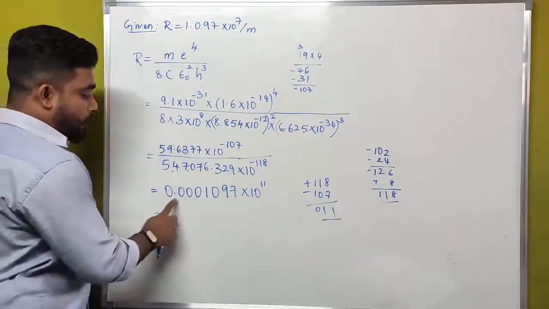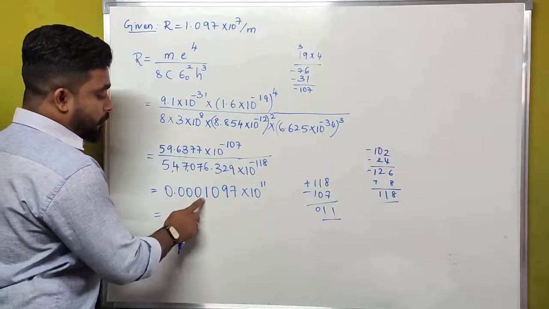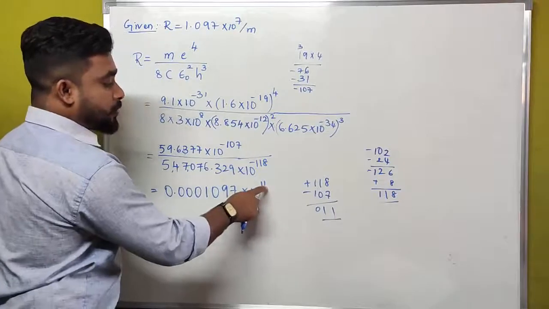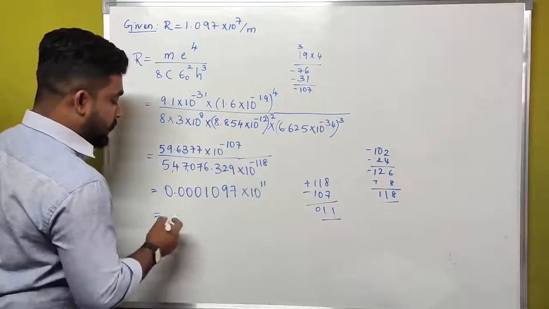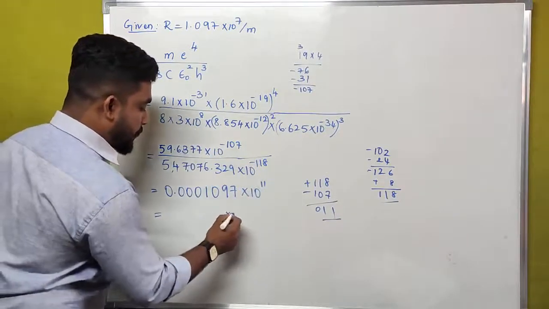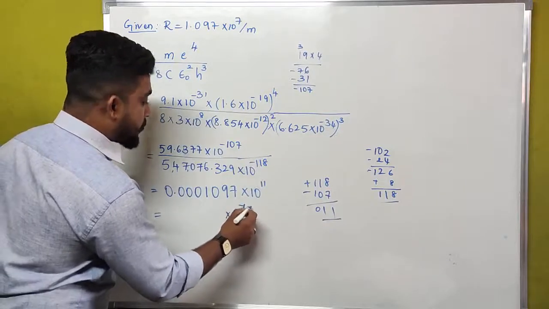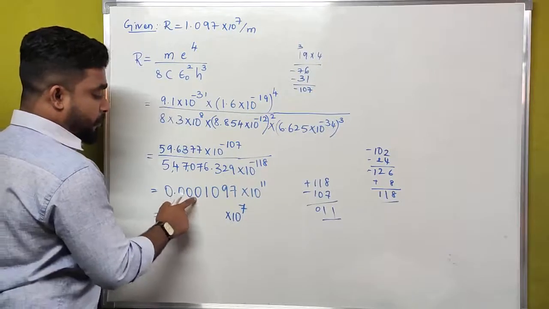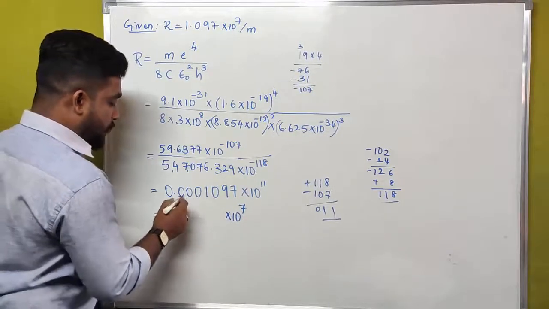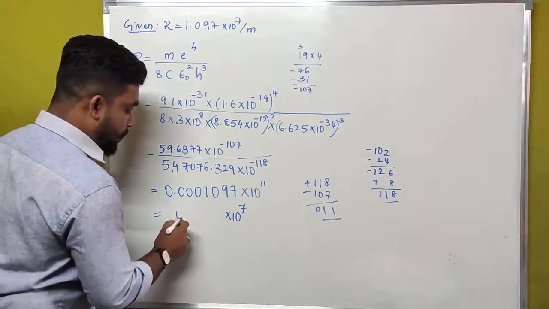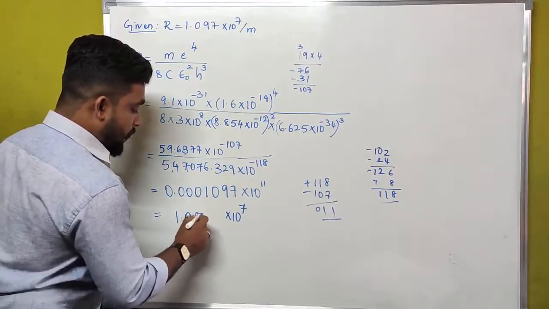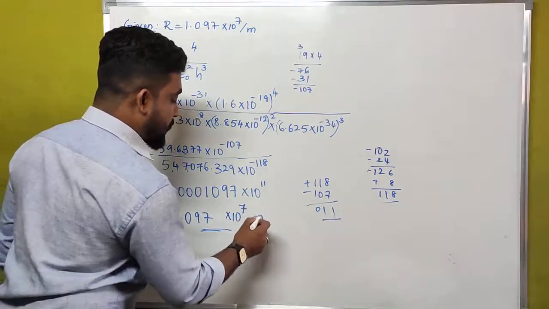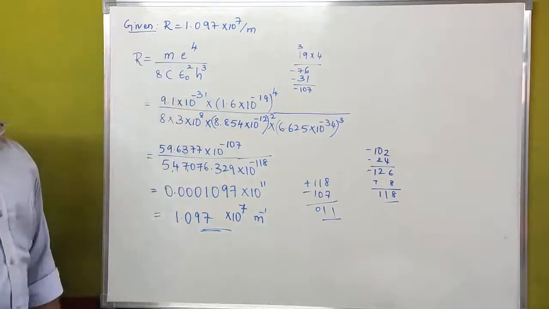That is why I have to shift 4 points towards right: 1, 2, 3, 4. That is 1.097 into 10 to the power of plus 7 meter inverse or per meter.